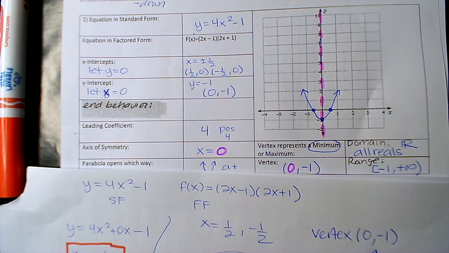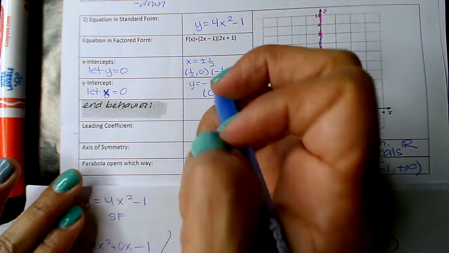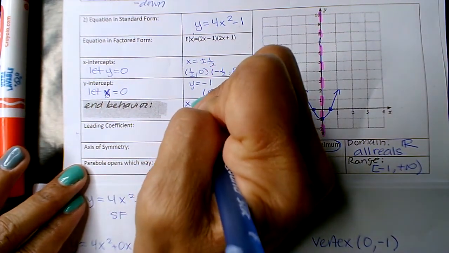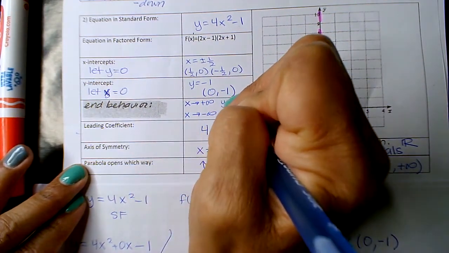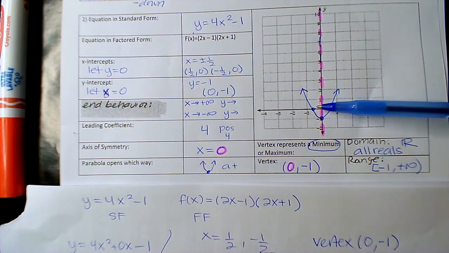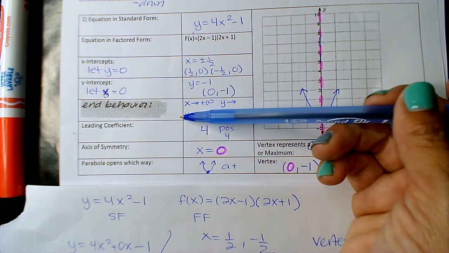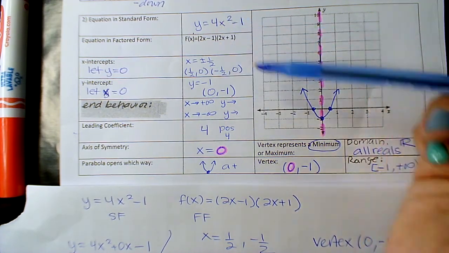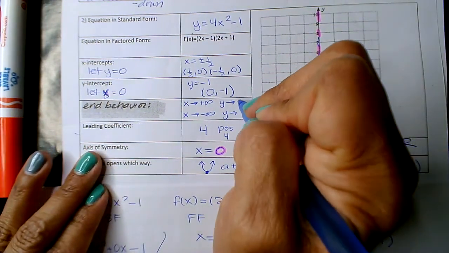Okay, let me stop this. Oh, guys, end behavior. Okay, your two end behaviors are when x is approaching positive and negative infinity, what are the y values? How are they behaving? As I substitute more negative values into this equation, either one, the parabola is still shooting up to positive infinity.